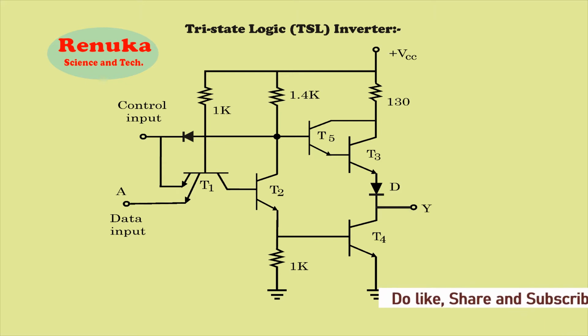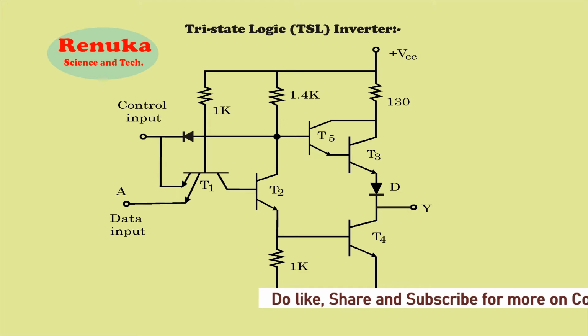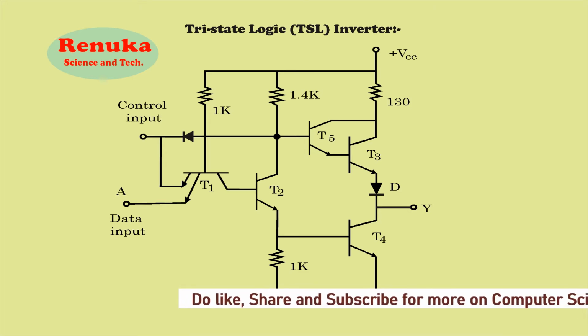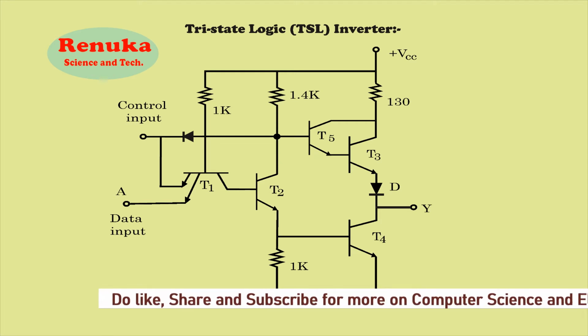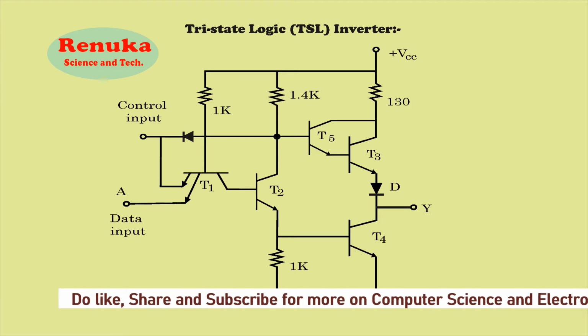But this is a circuit where the output will be high or low, and there is another state which is called high impedance. So the total states of output are three.